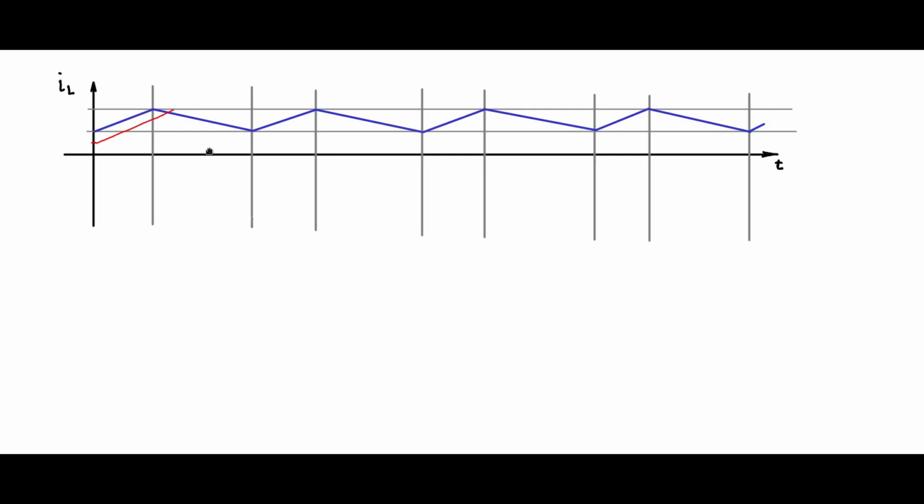So let me draw it parallel to that line, and then after it hits this top limit, it will go parallel to the downslope of minus VB by L, then upslope, downslope, so on. You see that it progresses in this fashion.